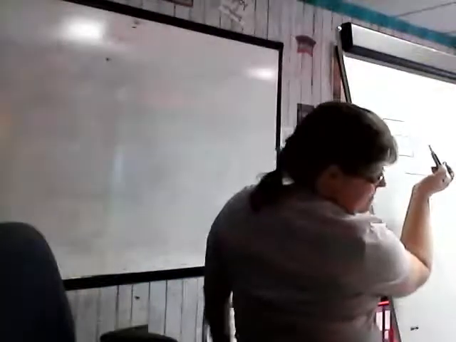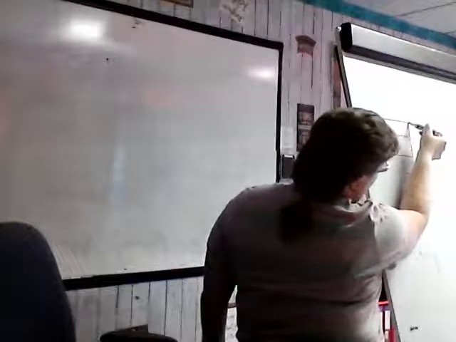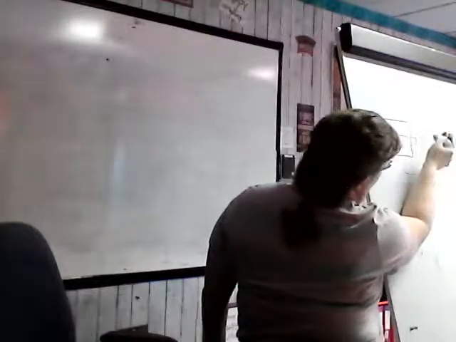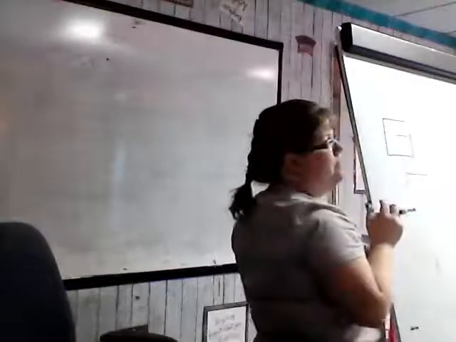Okay, so then I'm going to take the corner of this square up and draw it to the corner of this square. So the top square to the top square on this side.